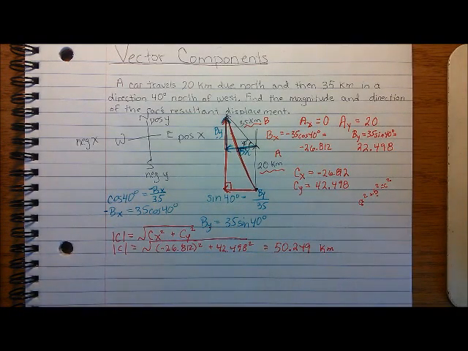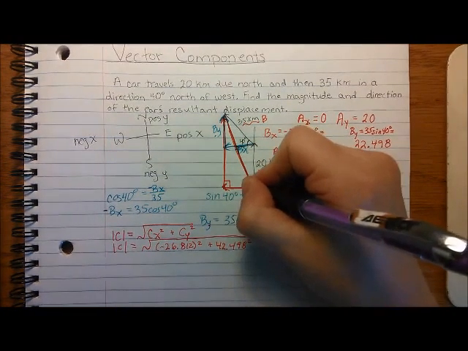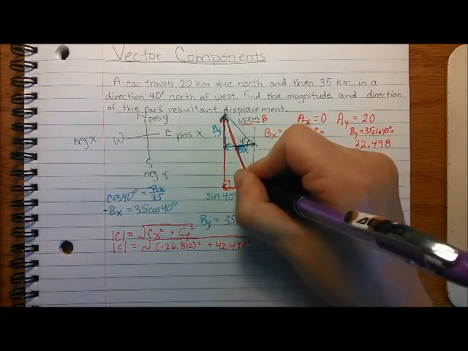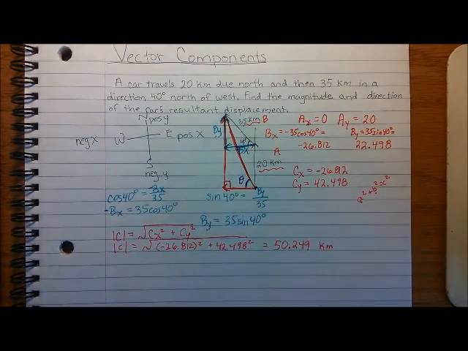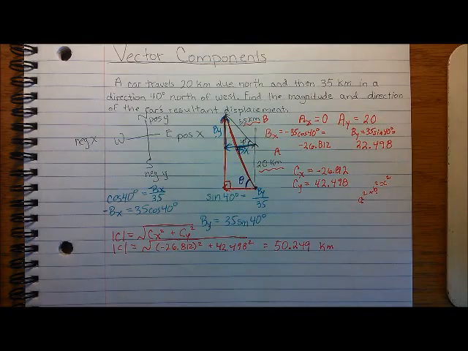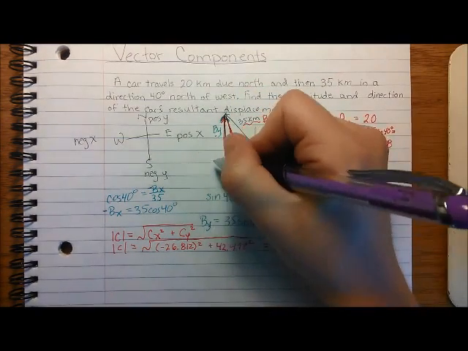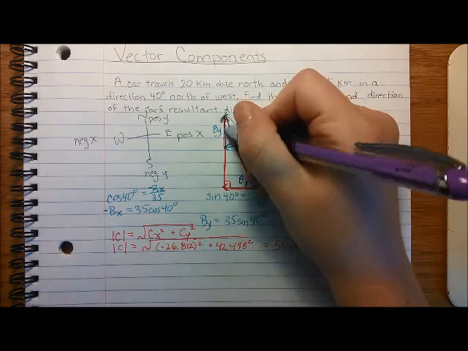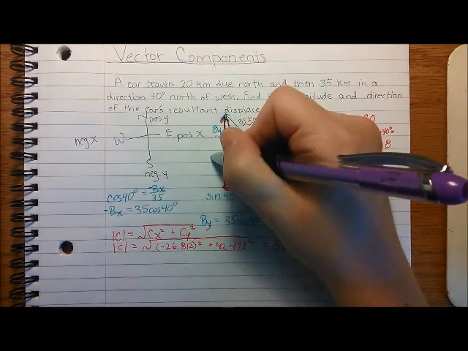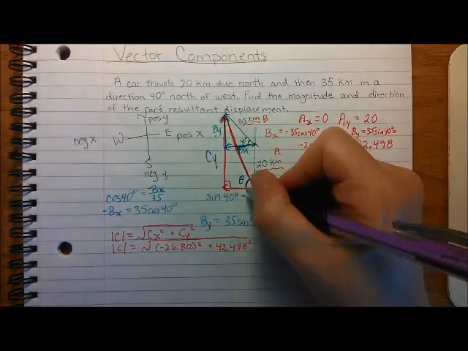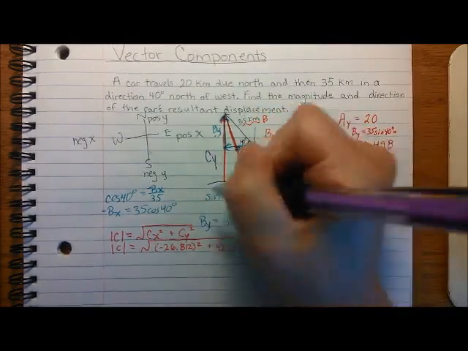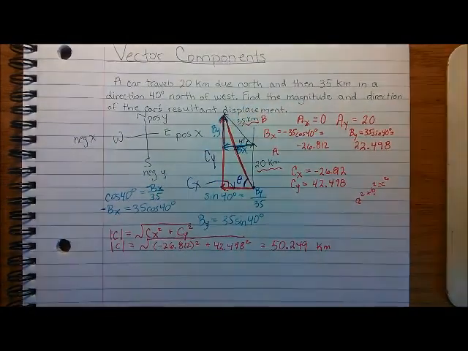All right, so what we just found is the magnitude of our vector. We still need to find the direction. In this case, I'm going to switch colors here, switch to purple. We're trying to find this angle. Now, you should see that it's actually pretty easy for us to find that angle now. We know this whole y component, cy, and we know this whole x component, cx.